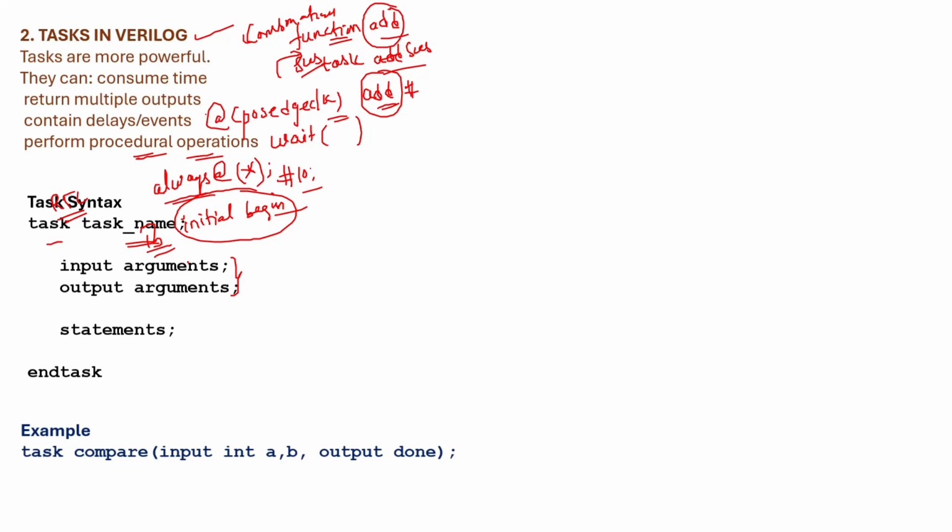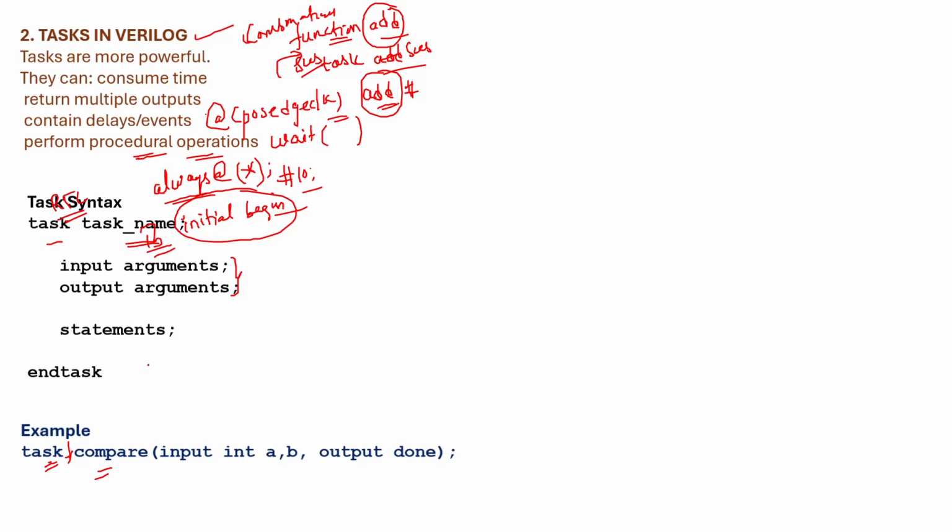Same thing, what you observed in the previous function is also we are using function, and some return type we have written. Okay, so this function, but here task is there and there is no return type, just directly we can write the output here.